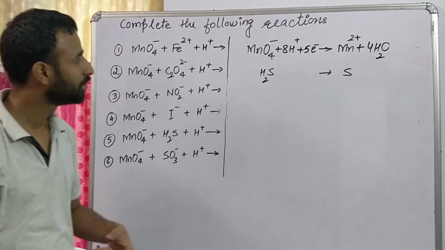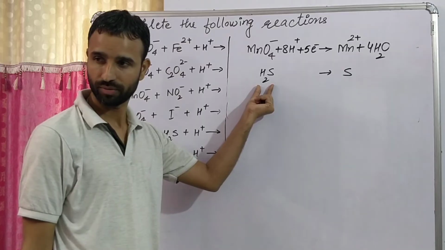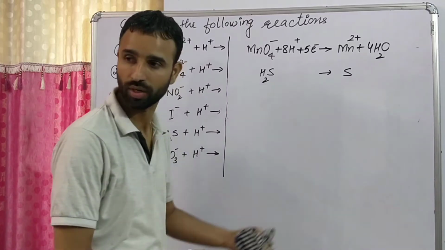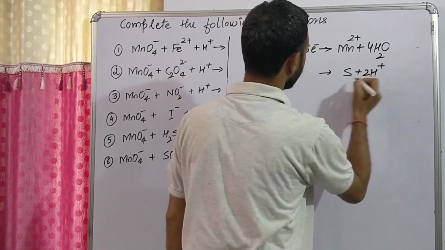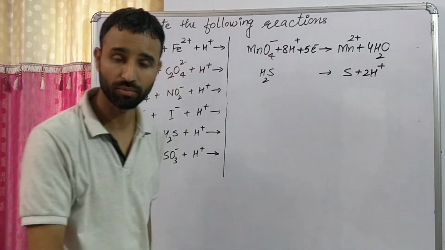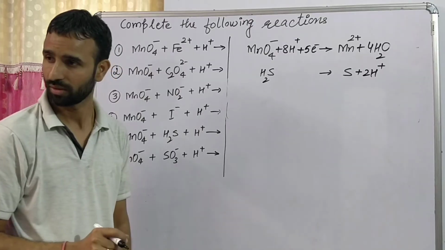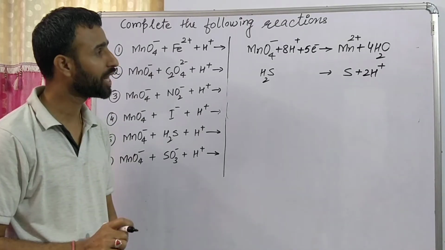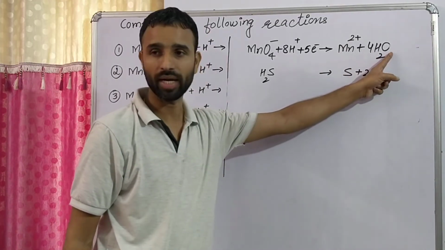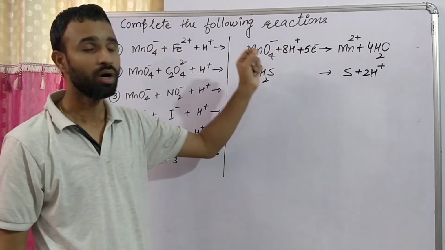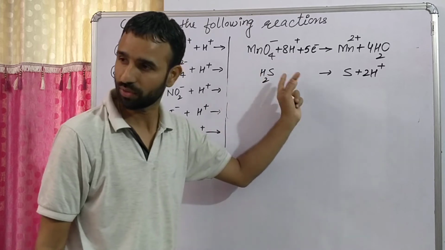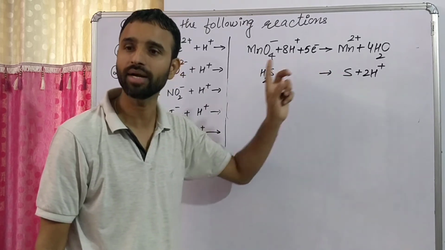This time we have hydrogens, 2H plus on the right side. We add H plus ion because the medium is acidic. In acidic medium, we add first H2O to the side deficient of oxygen, and double H plus ion to the opposite side. Or if hydrogens are deficient, on that side we add H plus.